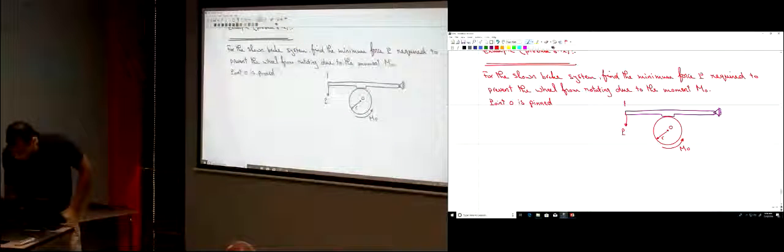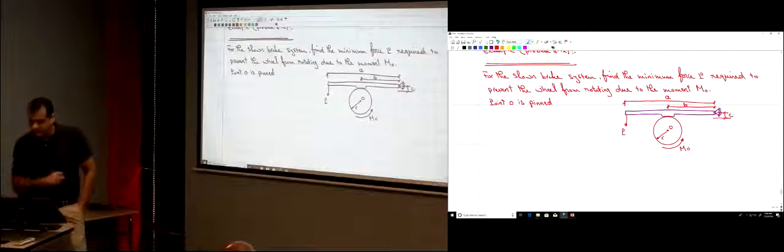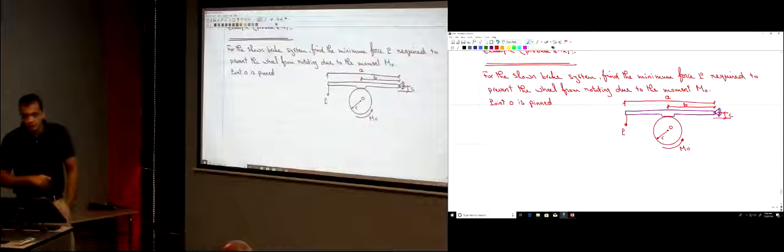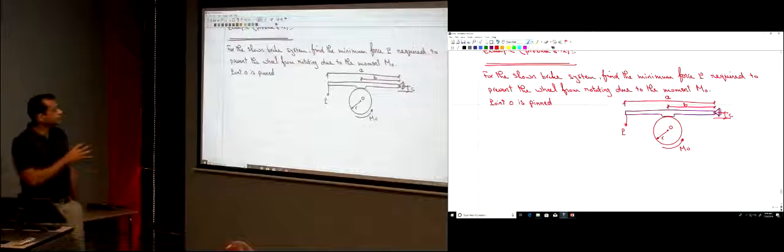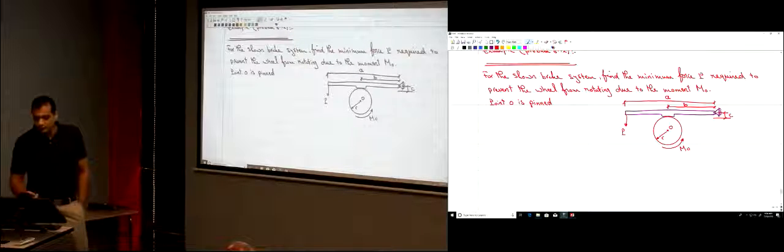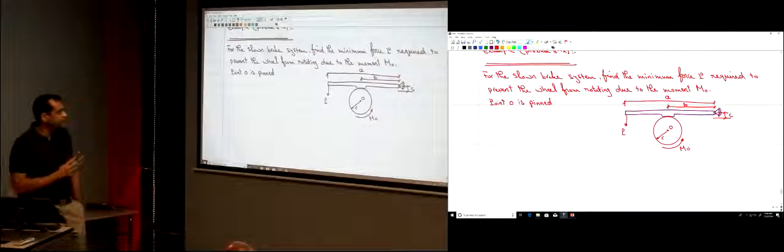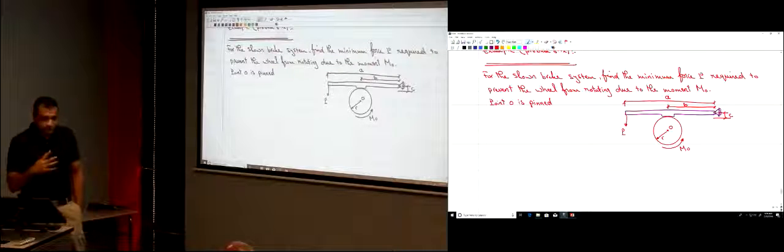We're given these distances: this distance is A, the distance from the contact of this rod to the hinge is B, and this height is C. This is not a solved example in the book; it is a problem at the end of the chapter. So we're required to find the force P that we should pull down at the end here to prevent this wheel from rotating under this moment M naught, okay?